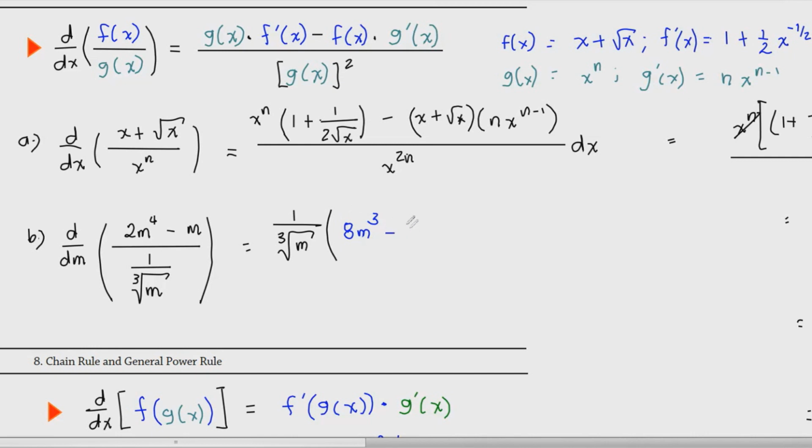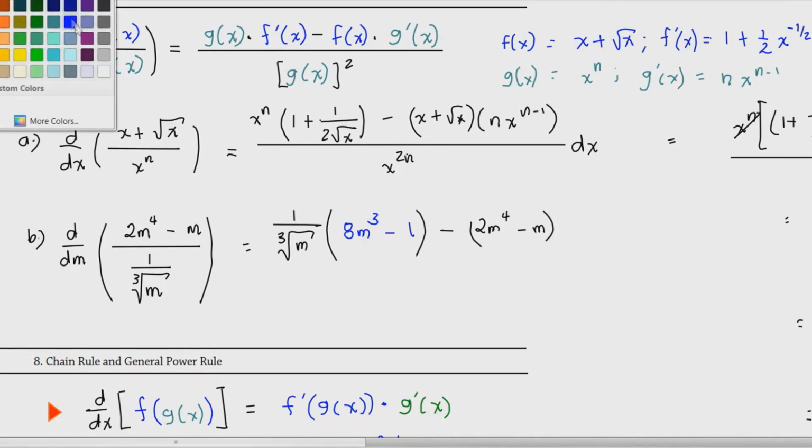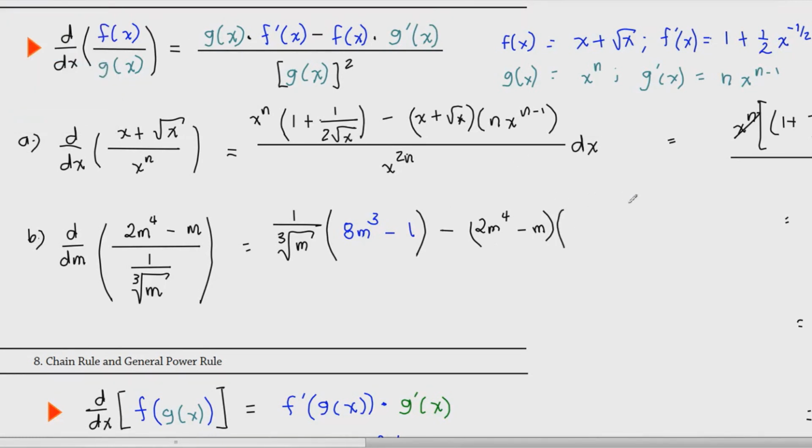And then m is like an identity rule, so we have here 1. So that's the derivative of our f of x, and then we need to subtract this with f of x, so we have 2m to the 4th minus m, and then multiply this with the derivative of our g of x.